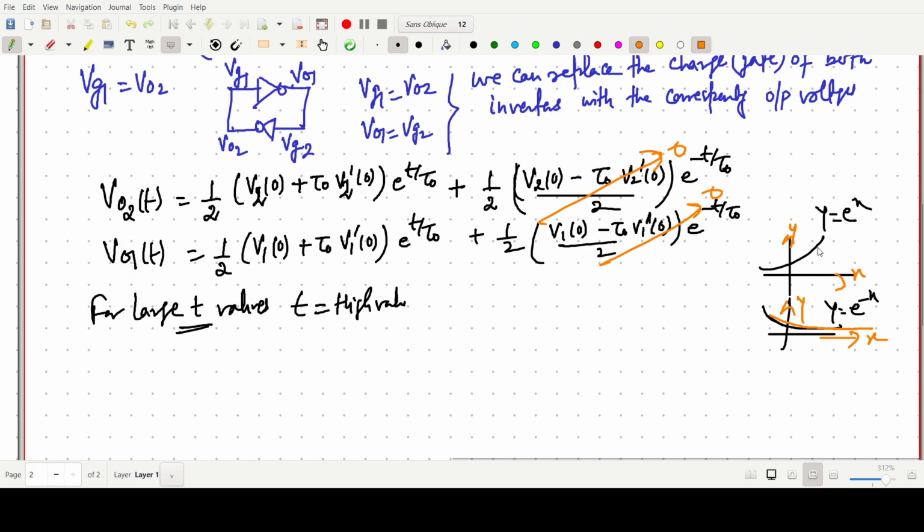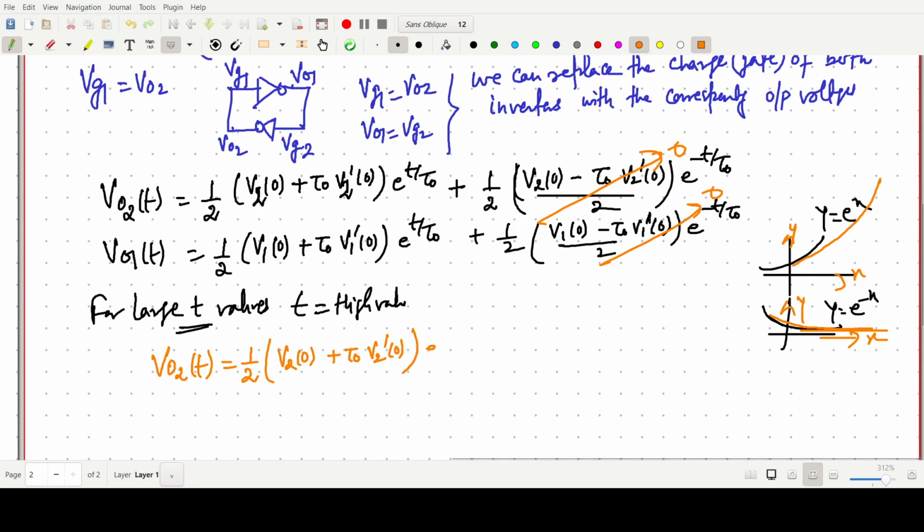For positive one, it will increase when time increases, but for e to the minus x, when time increases, it will decrease. So it will be cancelled for large t values. So for large t values, v naught 2 will be simply 1 by 2 v2 naught tau naught.